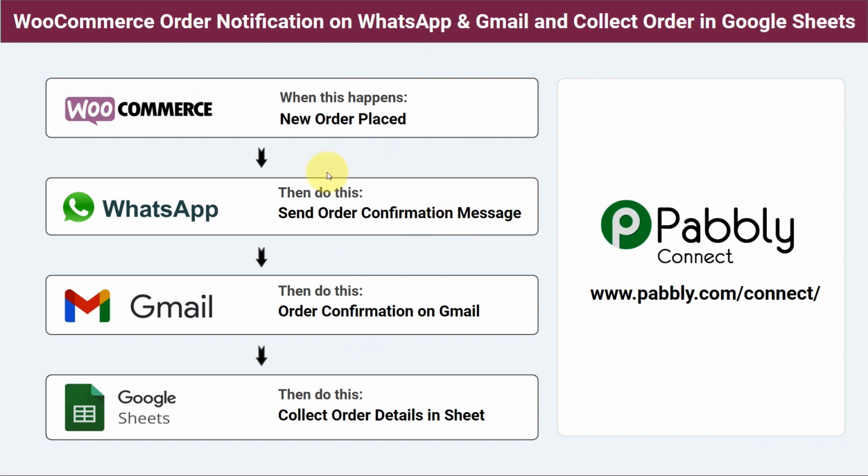So the flow of our automation will be like, whenever a new order is placed in a WooCommerce store, automatically send an order confirmation message to the customer on his WhatsApp as well as on his Gmail, and after notifying them on WhatsApp and Gmail, collect the order details in your Google Sheets automatically.